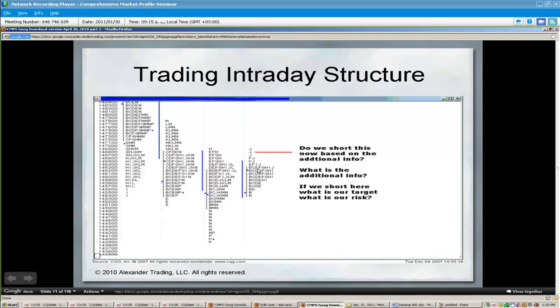Look at everything else. And what is forming here? It's a balance area. And look, this is an incredibly pronounced high volume node right here, right? If we were to collapse this, and here it is. All right.